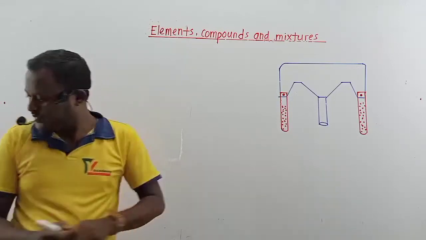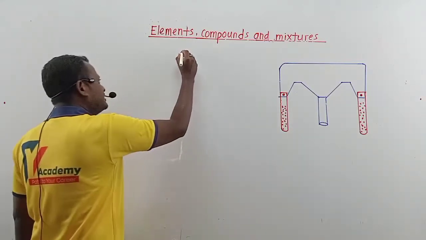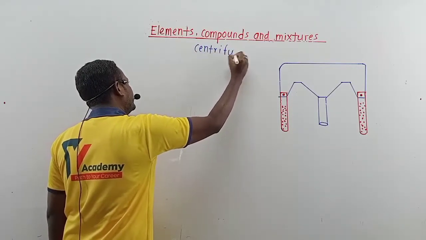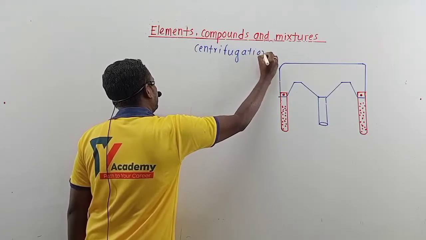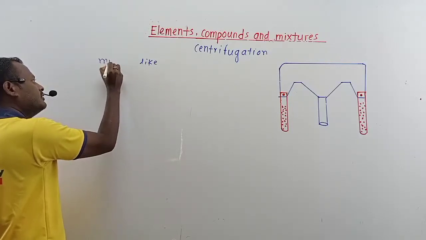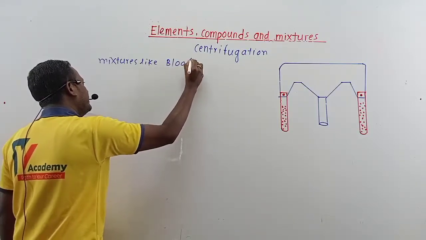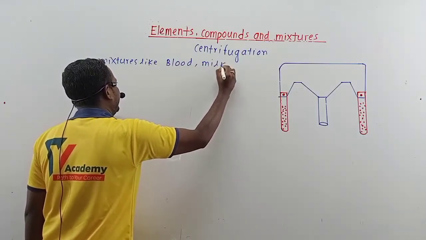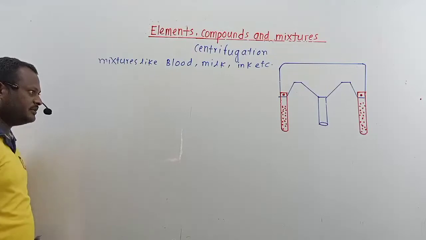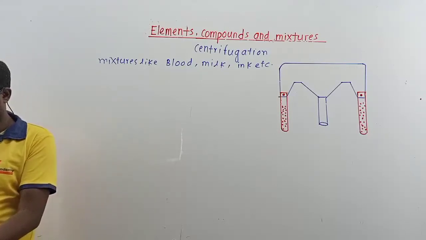In centrifugation, the mixtures are like blood, milk, ink, etc. We have to separate solids from the mixtures. So, how will you separate such solid particles from the liquid?